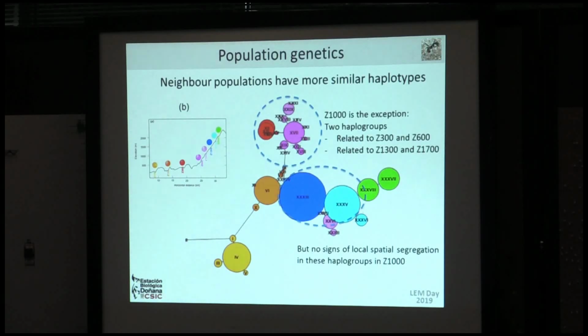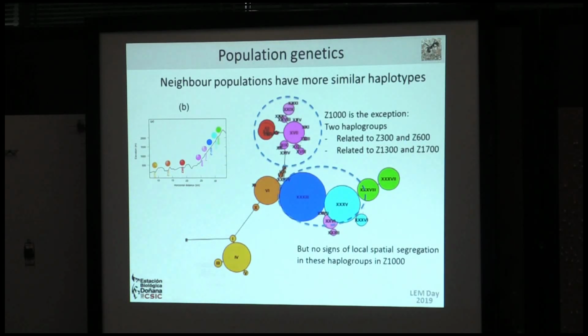Concerning the network of haplotypes, we found that neighbor populations have more similar haplotypes, with the population of 1,000 meters being the exception, because it had two haplogroups: one related to the 300 and 600 meters populations, and another related to the 300 and 700 meters populations.